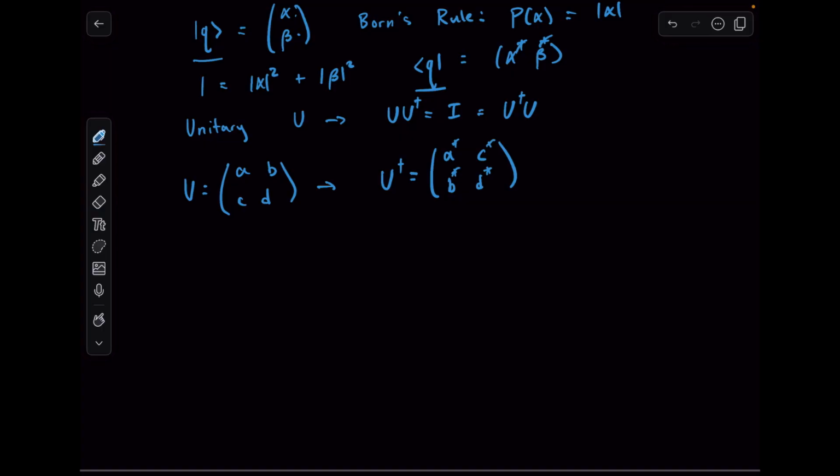So what this says intuitively is that any transformation we're going to apply onto our qubits has to be reversible, and also has to do something called preserving the norm.